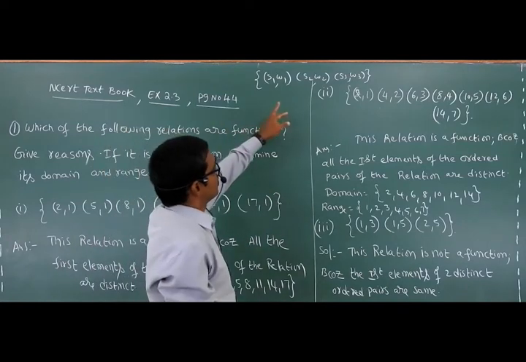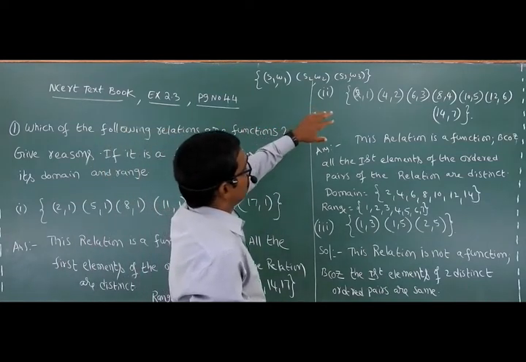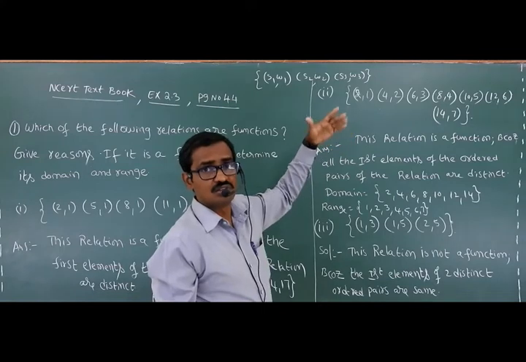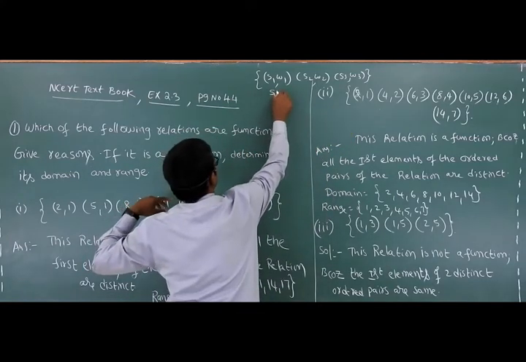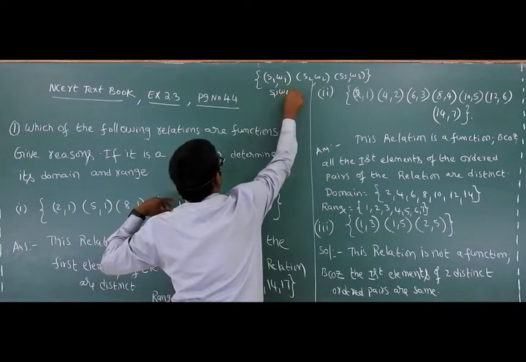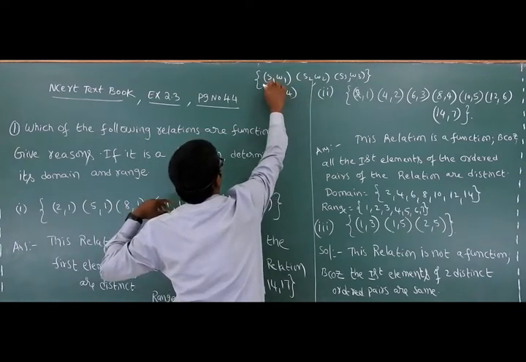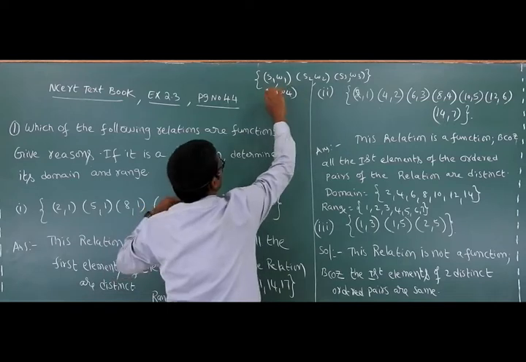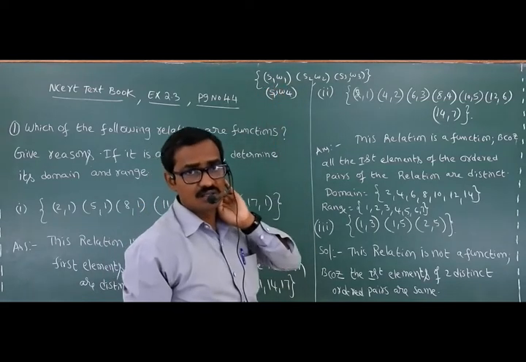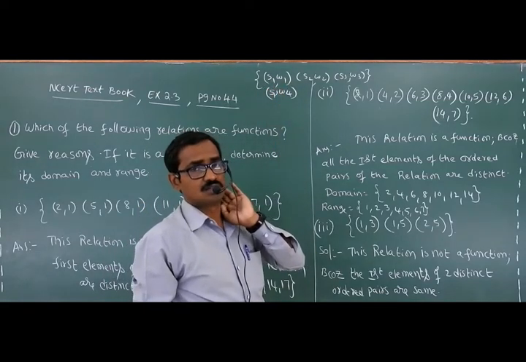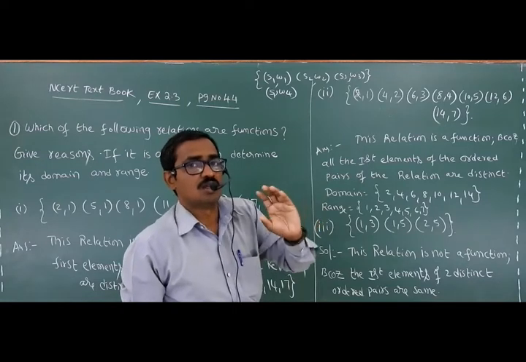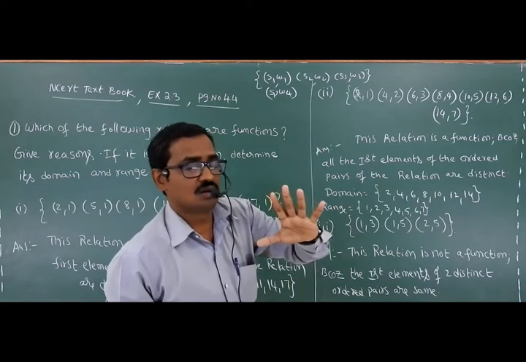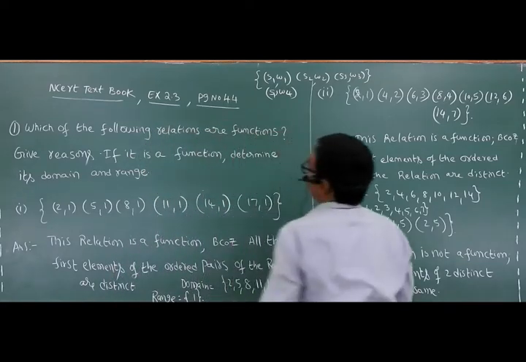But if you take one more ordered pair like this, S1 having another wife, then one person having 2 wives, it is not a function. Right? Is it clear? So function means every element of set A has one and only one image. Then only it is called function. Is it clear? Right. Next problem.